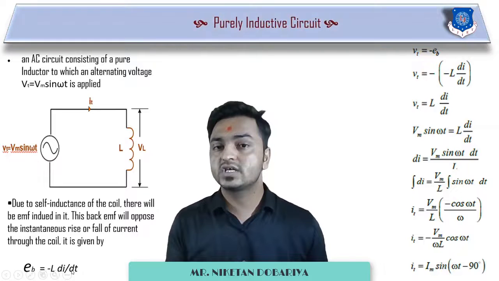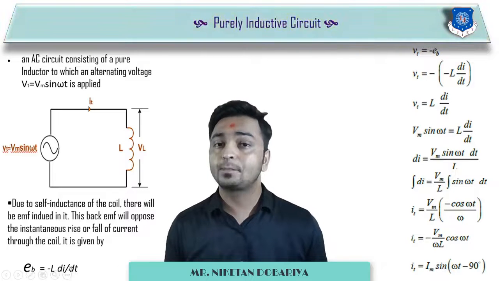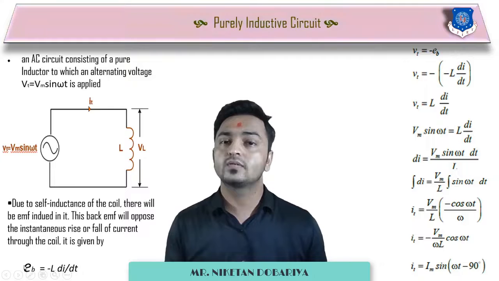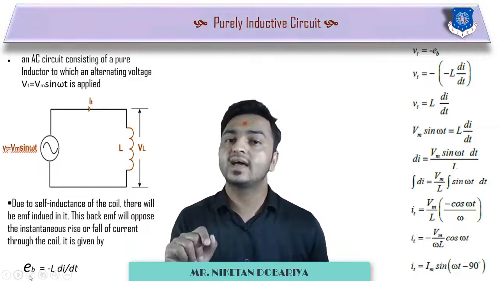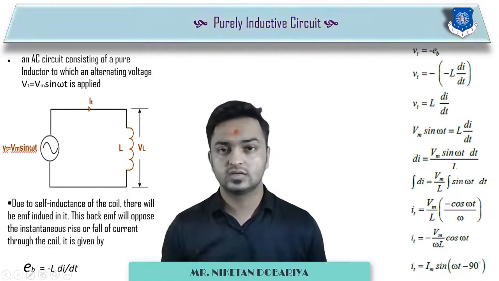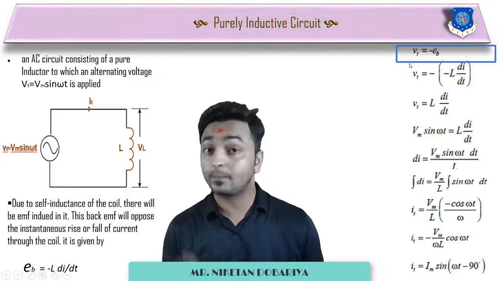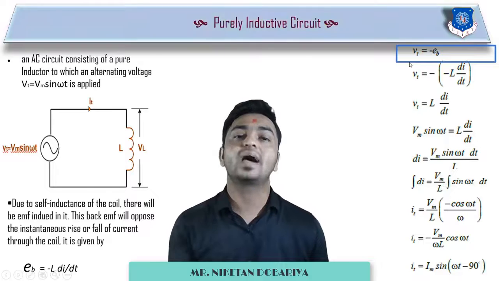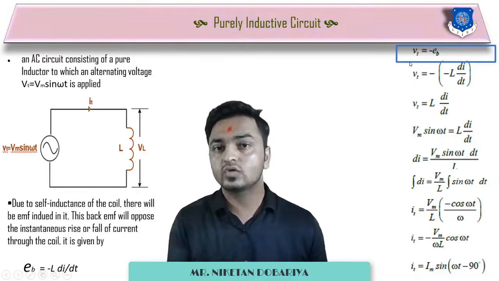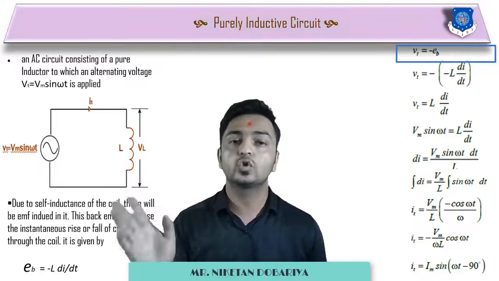As mentioned, supply voltage and back EMF are in opposite directions to each other, so we can write the supply voltage Vt equal to minus EB.